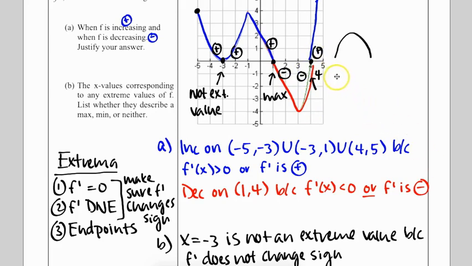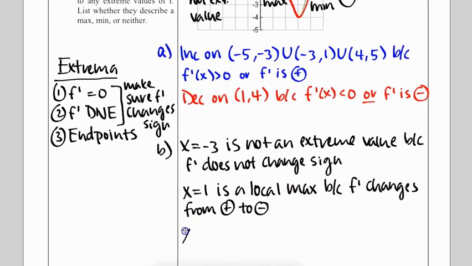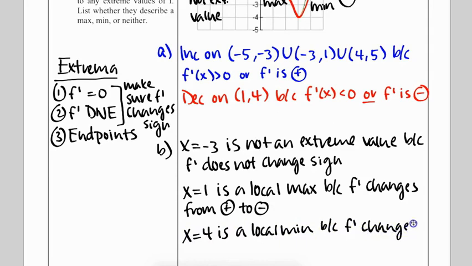So meaning that we had a negative slope, we got to 4, and then we had a positive slope. So x equals 4 is going to be a min.